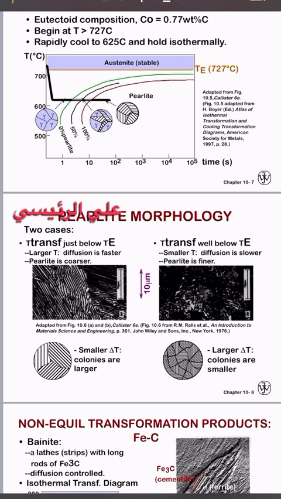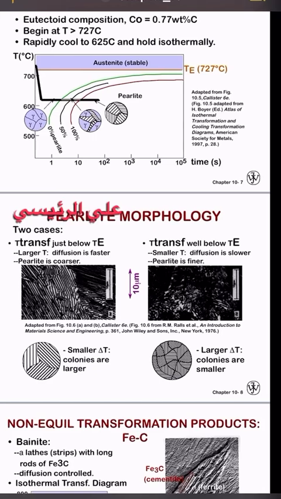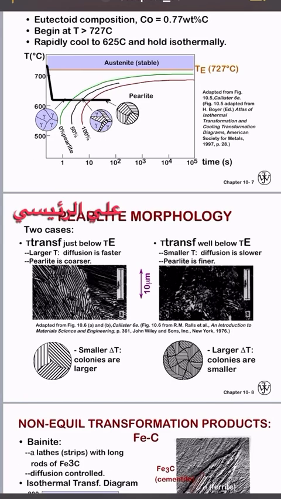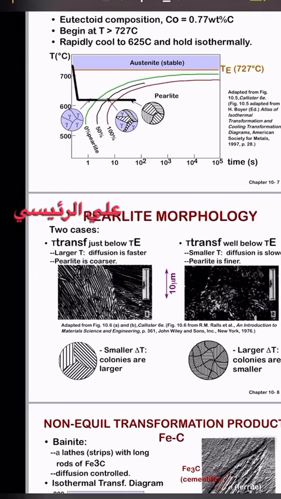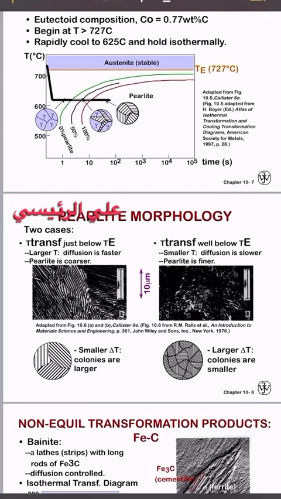In the first case, there is larger diffusion and it is faster, and the perlite is coarser. In the second case, diffusion is slower, but the perlite is finer. I will explain what I mean in a moment.